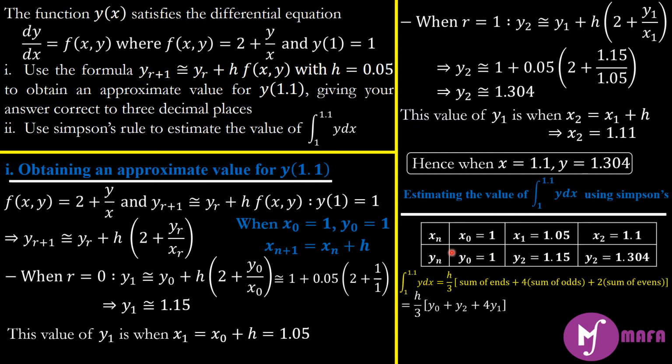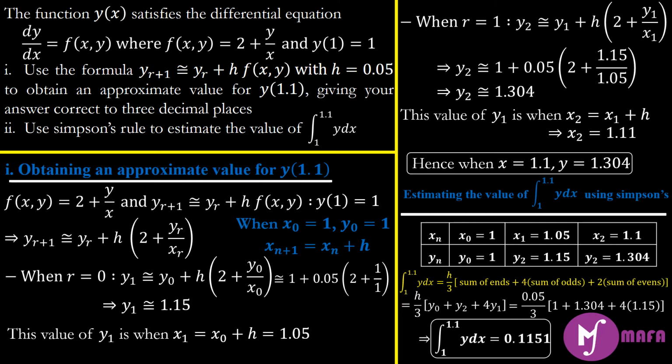The ends are y0 and y2. Plus now 4 times the sum of the odds. 1 is an odd index, that's why it is 4 times y1 only. There are no other terms inside. So we just need to replace the values of h, y0, y2 and y1, and then we compute to get the integral using Simpson's rule to be 0.1151.